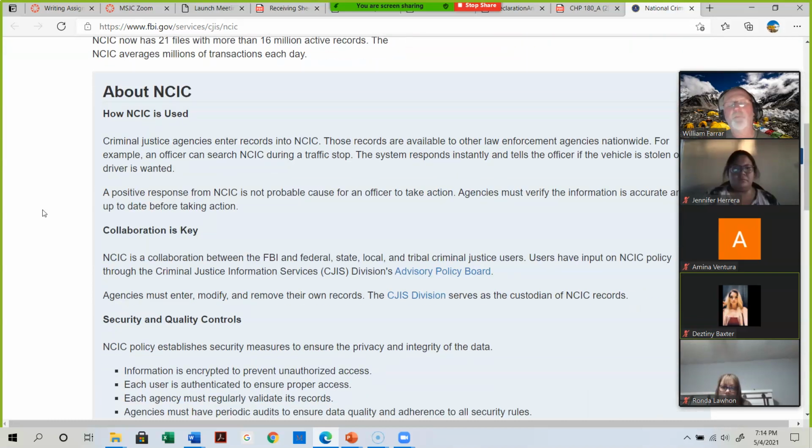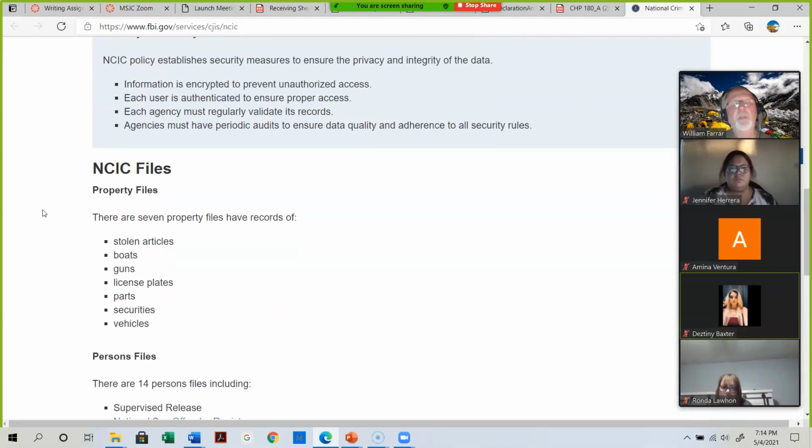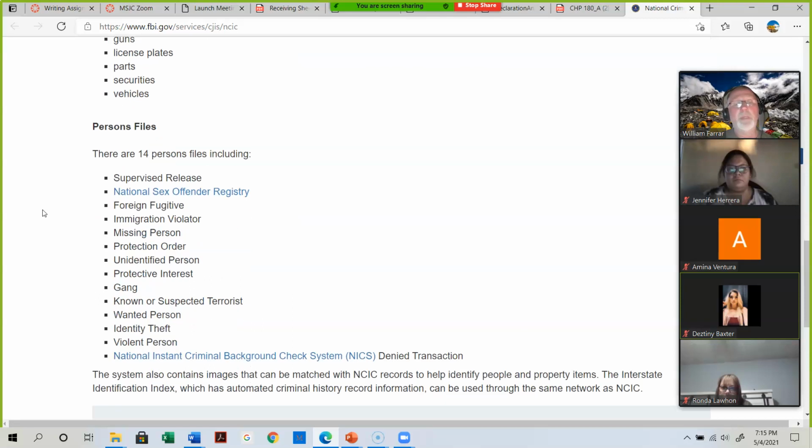So this page gives you a little bit more about how NCIC is used, but it's used by every law enforcement agency, and a lot of your records clerks, etc., that work in police departments and property officers, they use NCIC quite a bit, along with dispatch as well. And again, it also tracks stolen articles, boats, guns, license plates, different parts of things, vehicles, securities, and even fugitives.